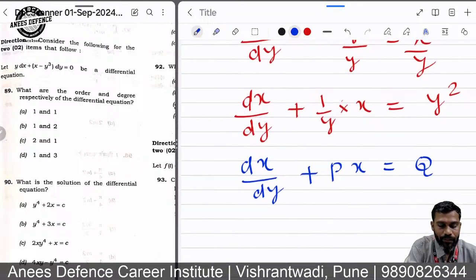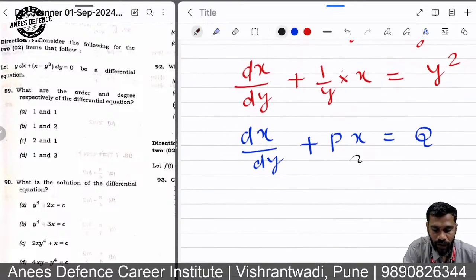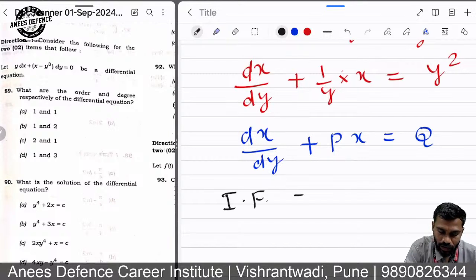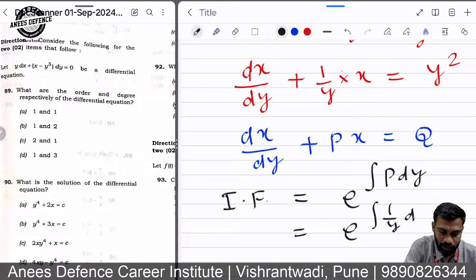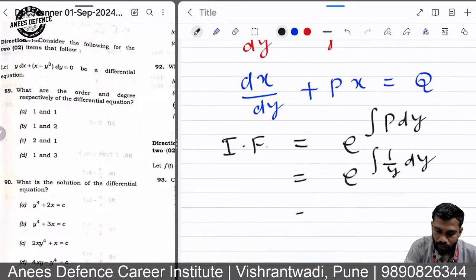P and q are the functions of y. Now we need to find out the integrating factor first. That is equal to e raised to integral of p dy. Now what is p? P is 1 by y, so e raised to the integral of 1 by y dy. That will be equal to e raised to ln y, that is equal to y, right?